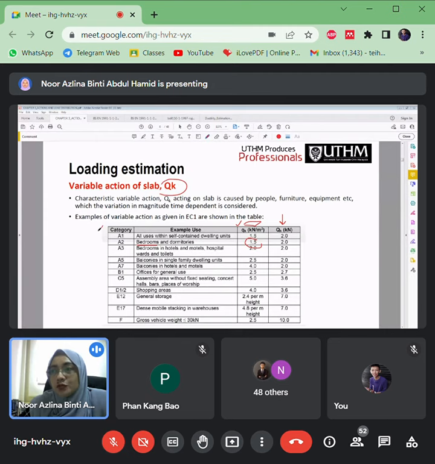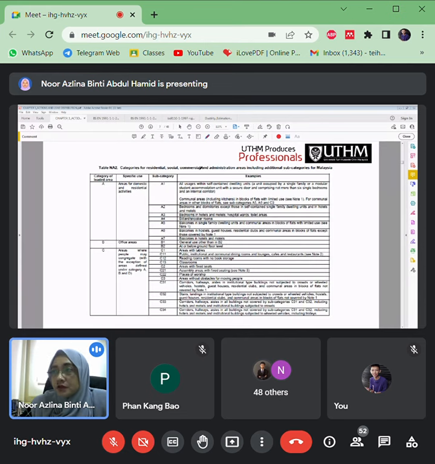So that's why this table is very important, that you need to know where's the location for these tables. Open up your EC1, okay, please find out this table. This is a very important thing that you need to know in order to estimate the variable actions of this slab. Okay, so this is also based on the category here.